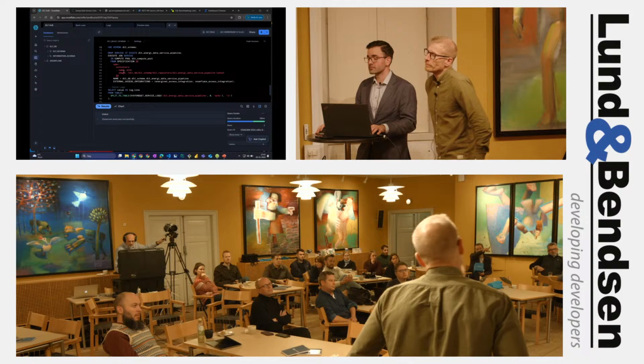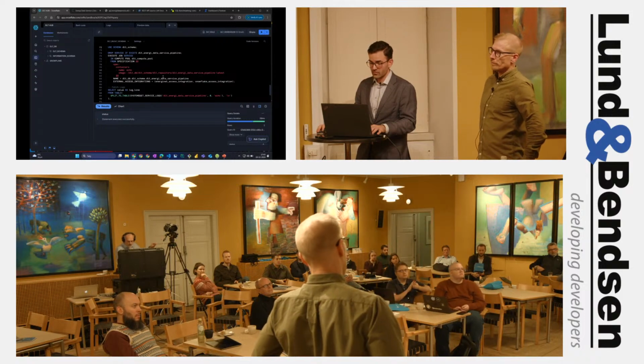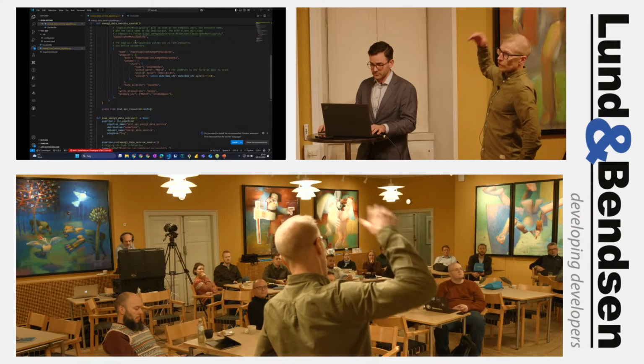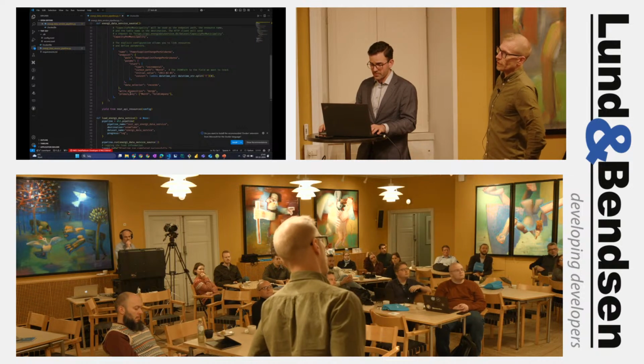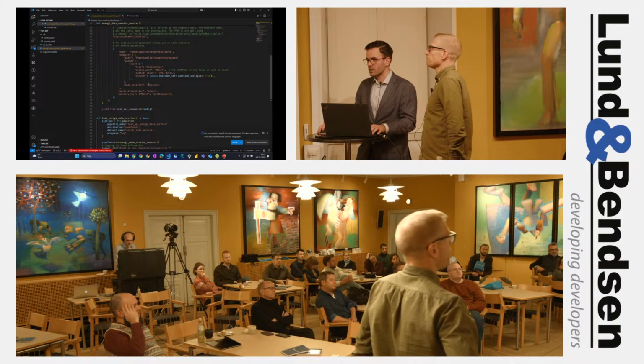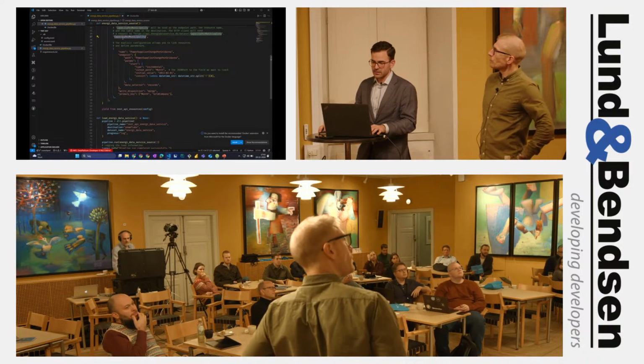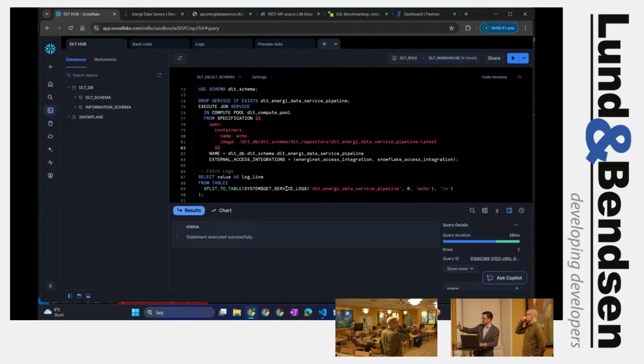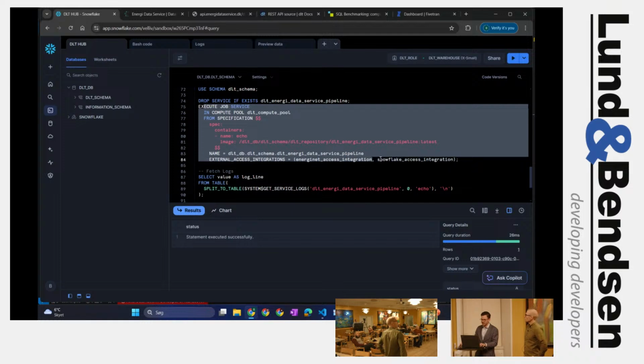Okay, then you need all this configuration as well, or can you reuse the same? You can reuse the same. So this is just the initial configuration in order to get this working. Right? Yeah. Understood. Okay. And so if you did this once, then it's only the execute job service command here that you have to rerun or re-upload if you change the code.